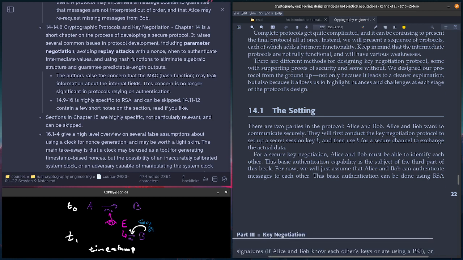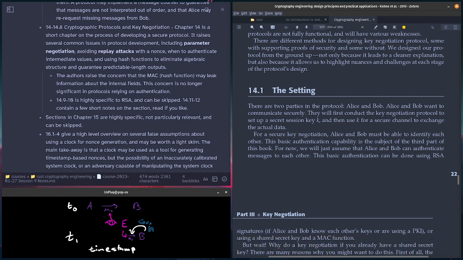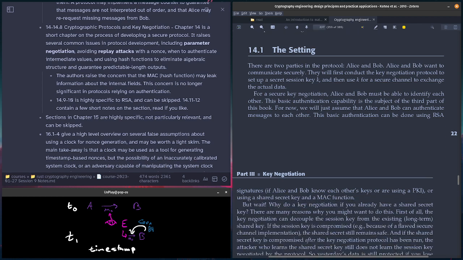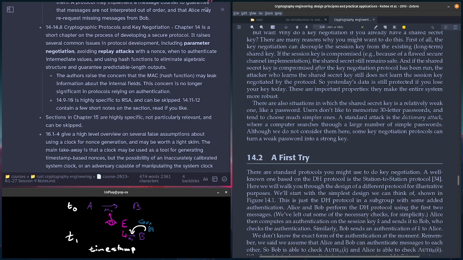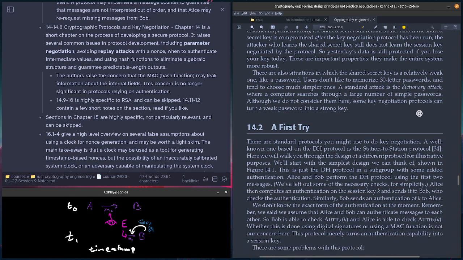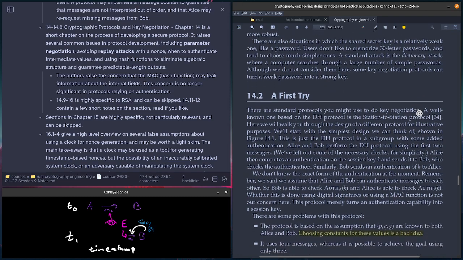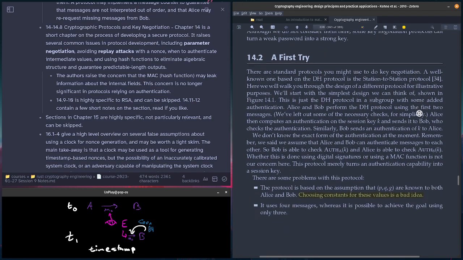So the key negotiation protocol is the subject of chapter 14. The takeaway in talking about key negotiation protocols is that they're not trivial to do even after you've nailed down all the cryptography that should go on.